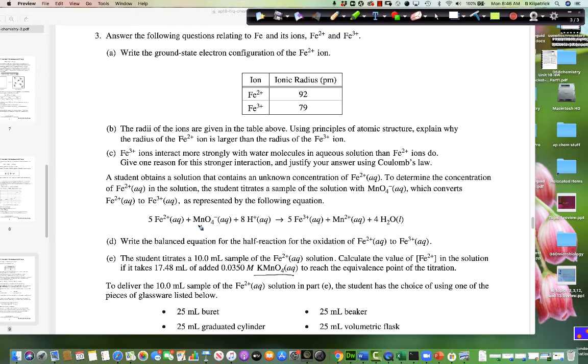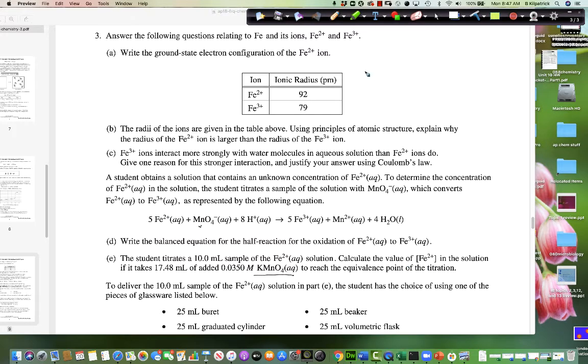So the permanganate and the potassium permanganate, you're talking about the same thing. Okay? So start with the thing that you have more information about. You have a lot of information about the potassium permanganate. You only have a volume of the iron, so it's asking for the concentration. You need to get your moles of the iron.